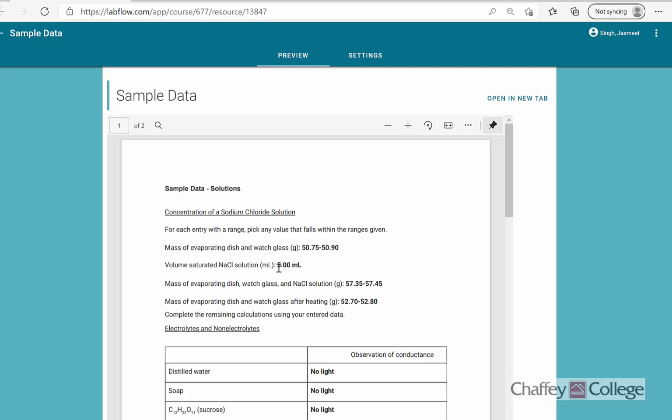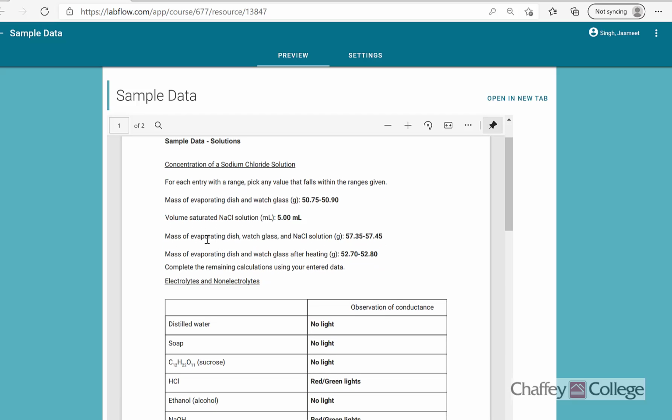Then volume, as I mentioned, is going to be 5 ml. So the volume of NaCl is 5 ml. And after we add this volume of NaCl solution to our empty container, the combined mass is anywhere between 57.35 to 57.45, so pick any number within this range. And then, as I explained, we are going to evaporate it.